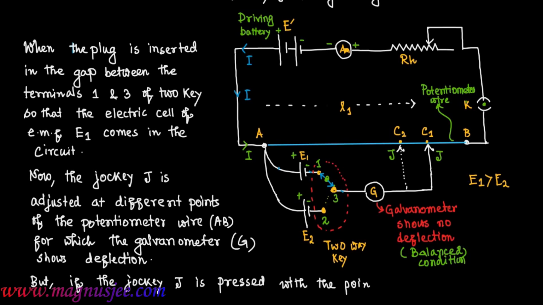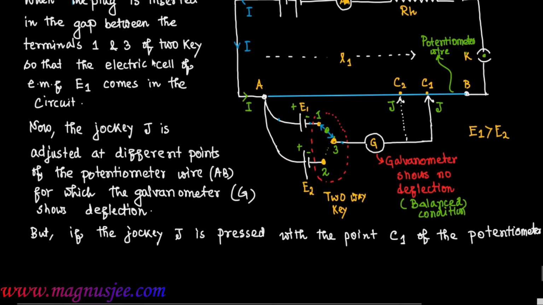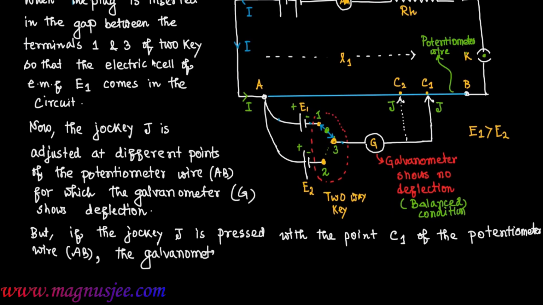the point C1 of the potentiometer wire AB, the galvanometer shows no deflection.